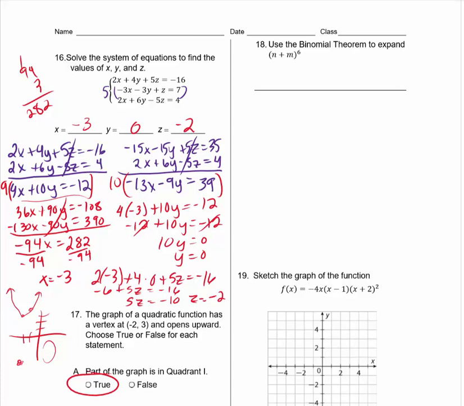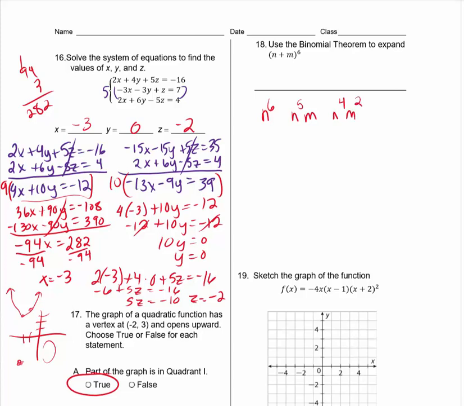19, use the binomial theorem to expand n plus 5 to the 6th power. So the binomial theorem is where we notice the pattern for expanding these, where the n's and the m's, we start off with an n to the 6th, and then we have an n to the 5th, but then we gain an m to the 1st. We've got n to the 4th, and then our m goes up.